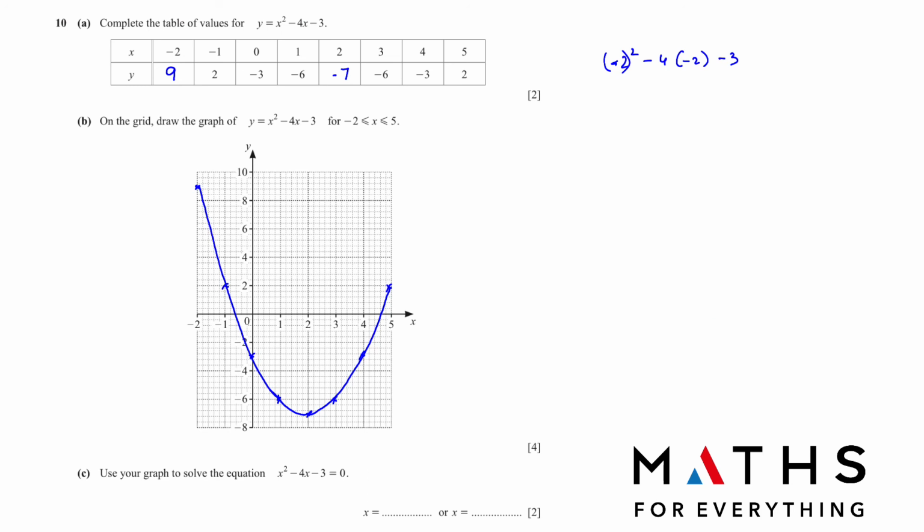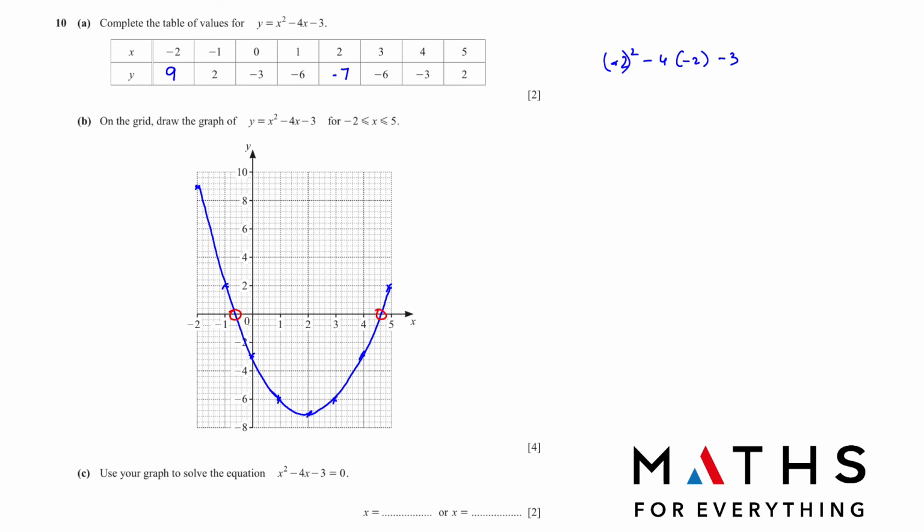Part D, we have: use your graph to solve the equation x squared minus 4x minus 3 is equal to 0. This equation is the same as what we have. It means that when y is 0, what are the x values? It means the points where the graph cuts the x-axis. So we have a point here and here.